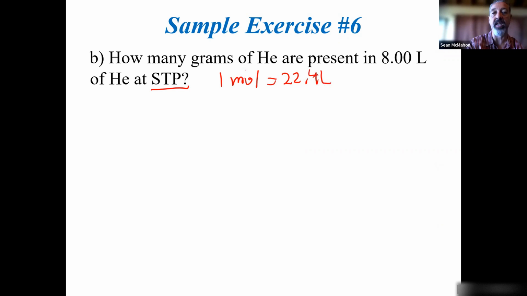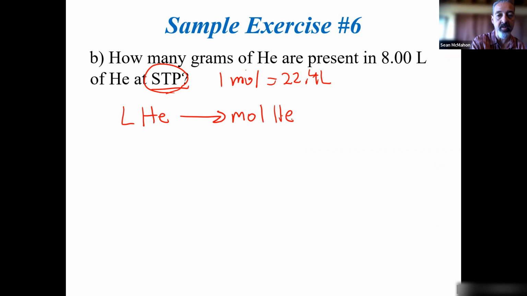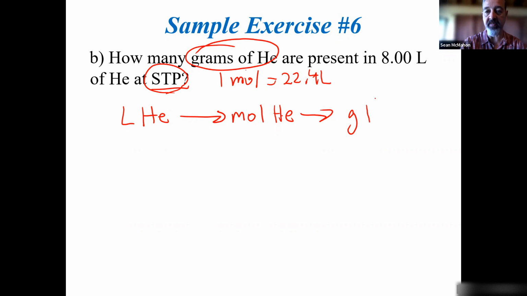So they are telling me this is at STP, and I have liters of helium. Okay, it's at STP, I'll convert that to moles of helium. But wait, they don't want moles. If they wanted moles, I'd be done after 1 conversion factor. They want grams. That's okay, I can go to grams of helium. How? Molar mass, the periodic table, the best cheat sheet in the world.